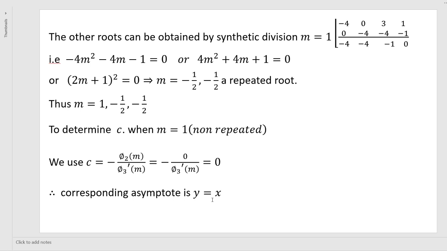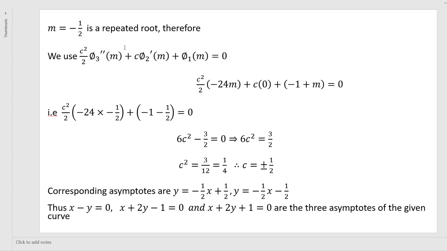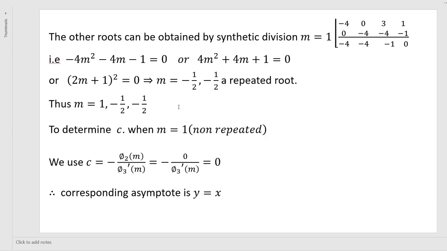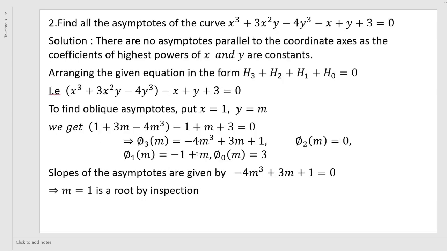Or x minus y is equal to 0 is the asymptote. Next, for the repeated roots minus 1 by 2 and minus 1 by 2, we use this formula: c square divided by 2 into phi 3 double dash of m plus c into phi 2 dash of m plus phi 1 of m is equal to 0. Look here. Phi 3 of m is minus 4m cube plus 3m plus 1.